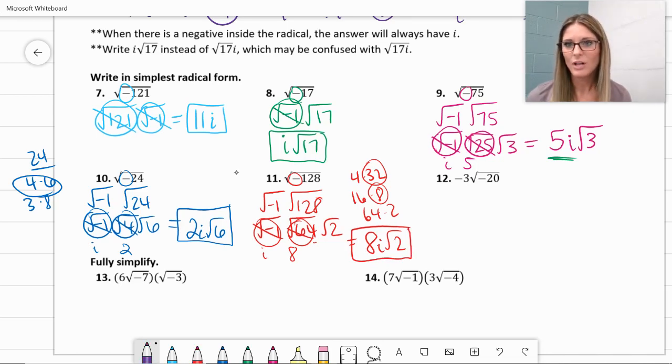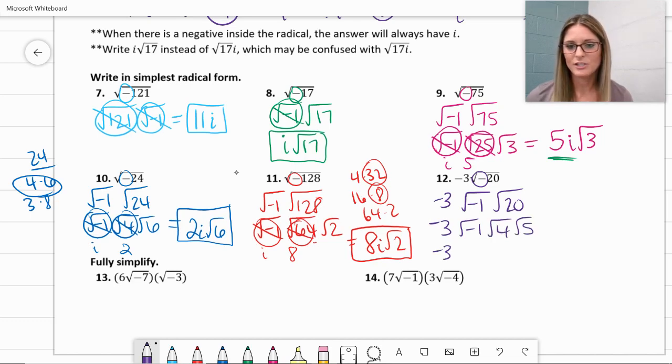Number 12. There's a -3 on the outside. It's okay. Just leave it there. Let's talk about the negative inside my radical. That's a problem. Let's separate it. Now, what did I just say? 4s like to hide. There is definitely a 4 in that 20. Let's break it up into 4 times 5.